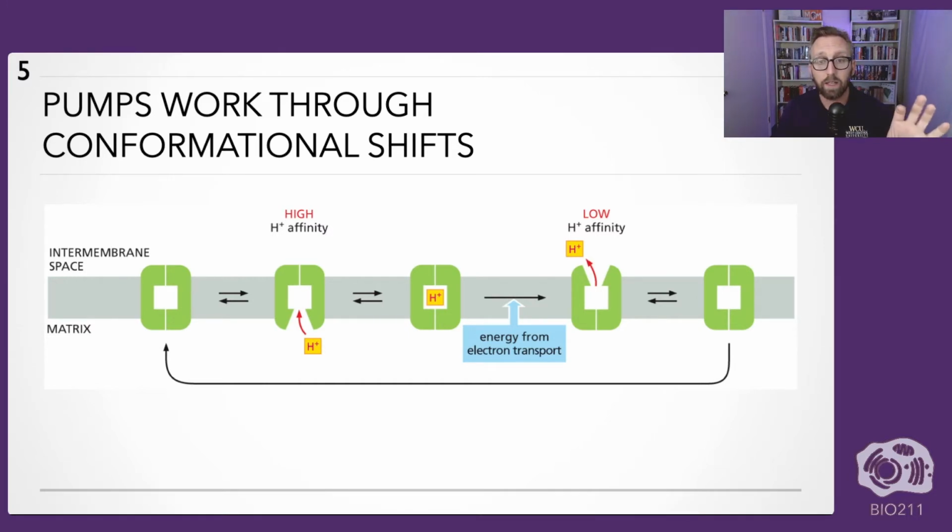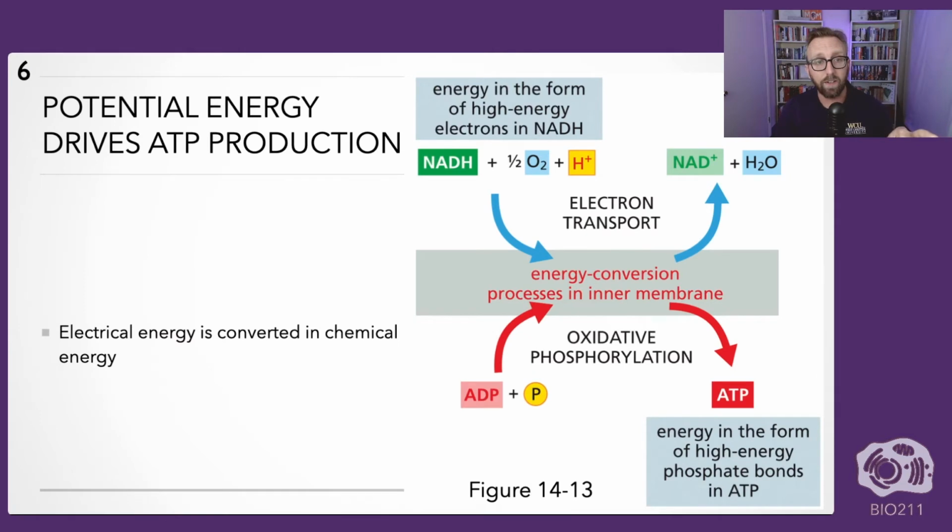The energy that's in there, right, that energy from electron transport, is accomplished using this, and we're going to get into the details, right? So the electrons in NADH get transferred onto oxygen and hydrogen to make water. That transfer powers the production of ATP.